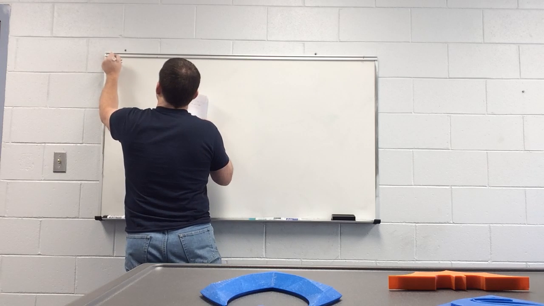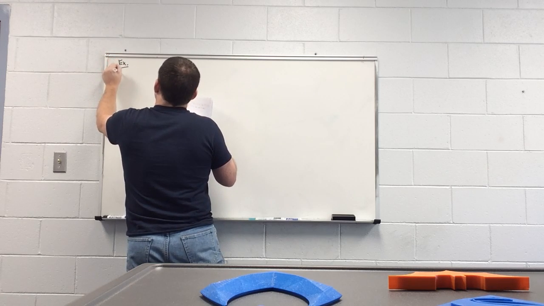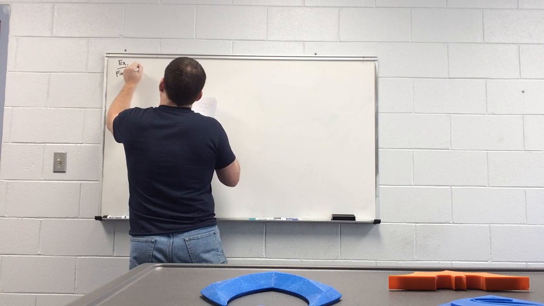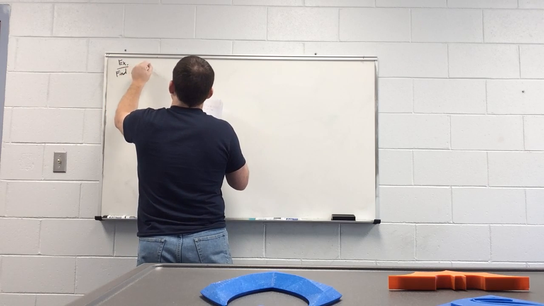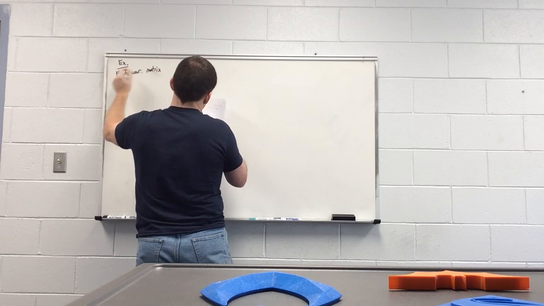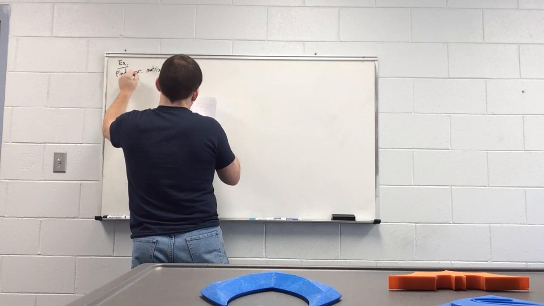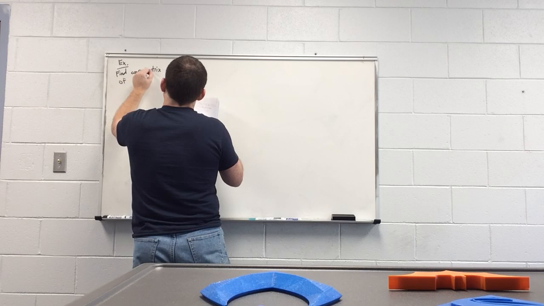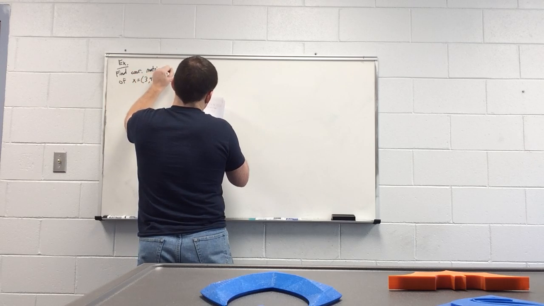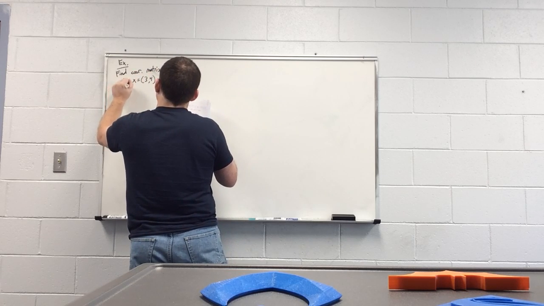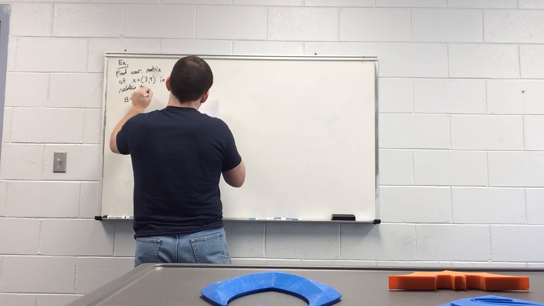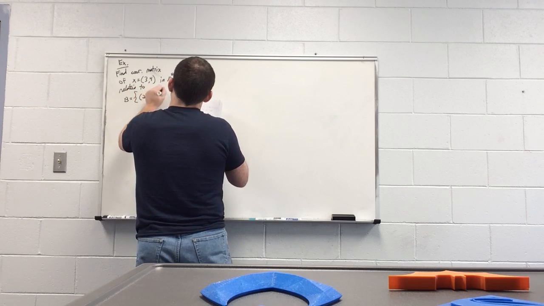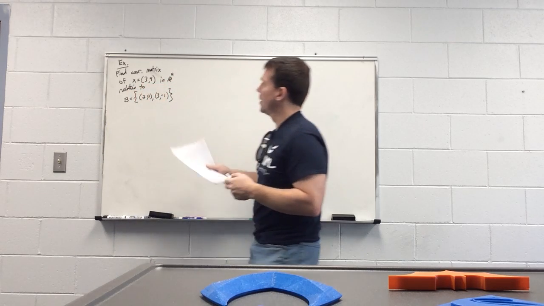Find the coordinate matrix or vector of x = (3, 4) in R2 relative to B, which in this case will be (2, 0), (3, -1).